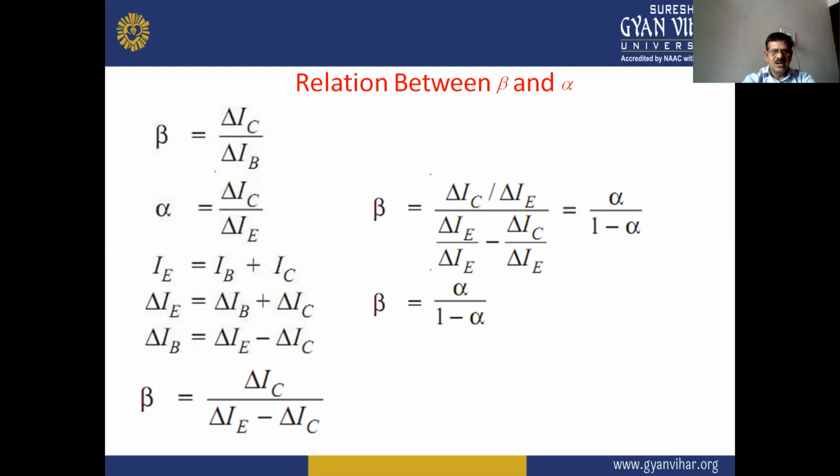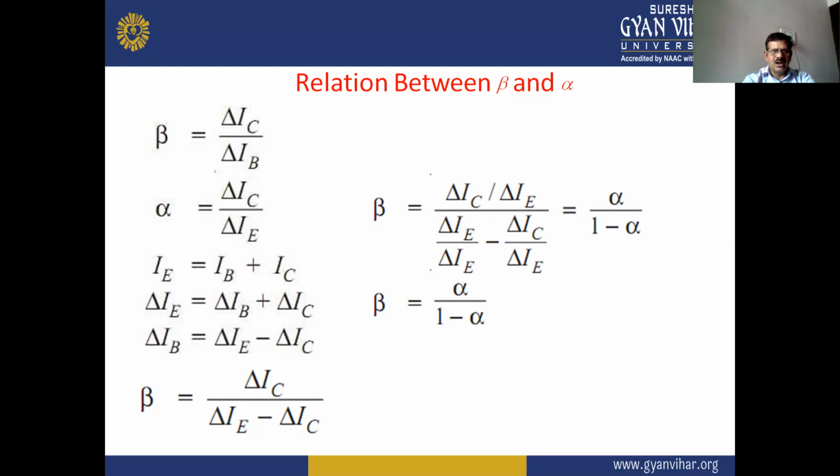Also, IE equals IB plus IC. This is the emitter current, and we write this equation as the change in IE equals the change in IB plus the change in IC. Also, the change in IB equals the change in IE minus the change in IC.